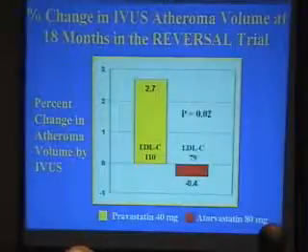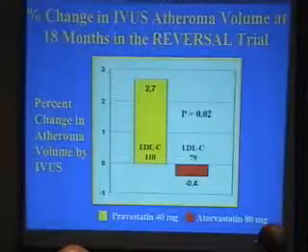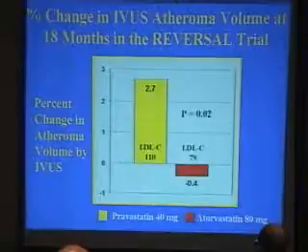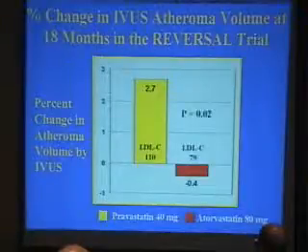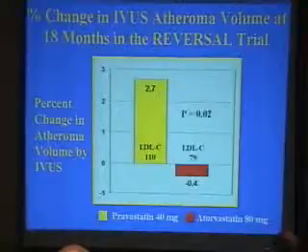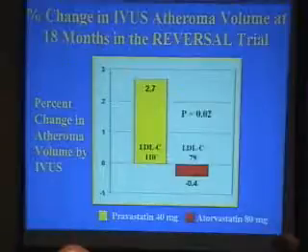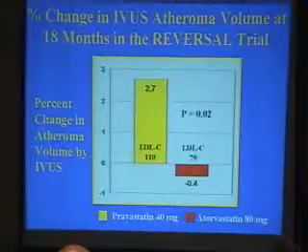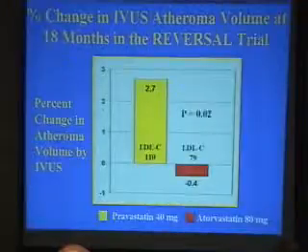Now, on Monday at this meeting, the group is going to report the mortality and cardiovascular rates in a very similar trial using exactly the same regimen in a trial called Prove It. We would predict from these that what they're going to find is what the vascular biology found, what the IVUS found, and that is that more LDL lowering was better.